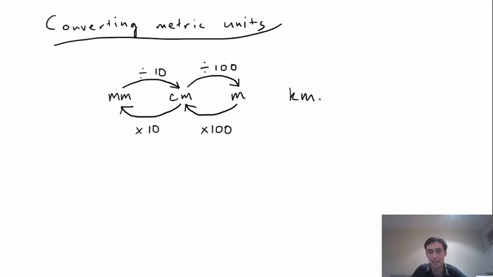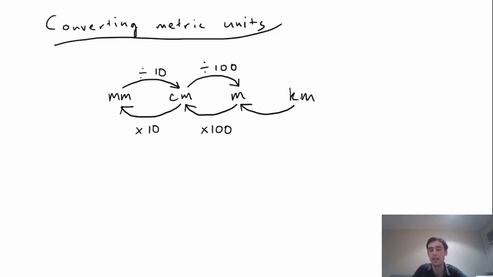Okay, the last thing, kilometers to meters. Kilo, like kilogram: there's 1,000 grams in a kilogram, and 1,000 meters in a kilometer. So we do the same.